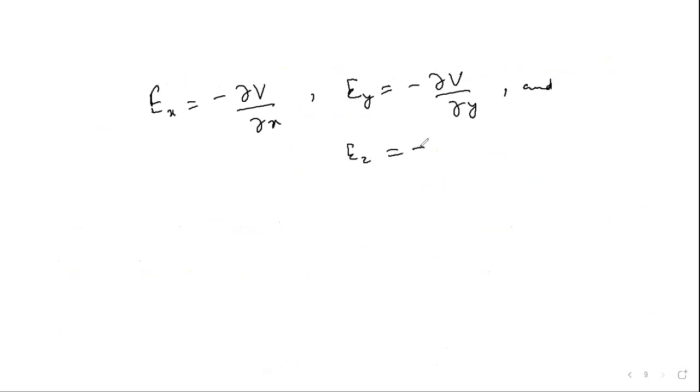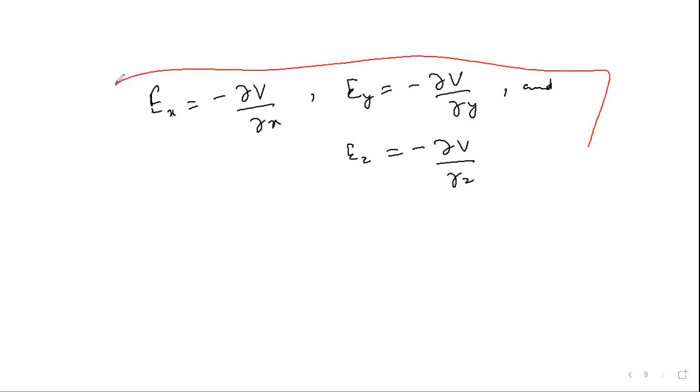Component of electric field along x direction will be minus dou V by dou x. Component of electric field along y direction is minus dou V by dou y. Component of electric field along z direction is minus dou V by dou z. You know what it means? That means we name it 6.